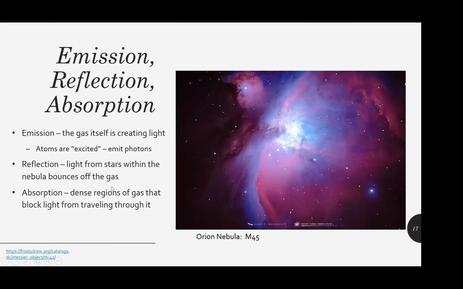The last phenomenon we see is an absorption nebula. There's a little bit of it right here, which is a very dense region of gas that blocks light from traveling through it. This is like what we were seeing when we were looking at the intergalactic dust, where it is so dense that it's blocking the light from being able to pass through it.